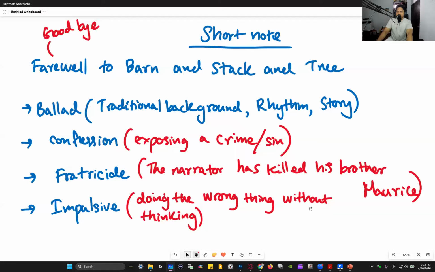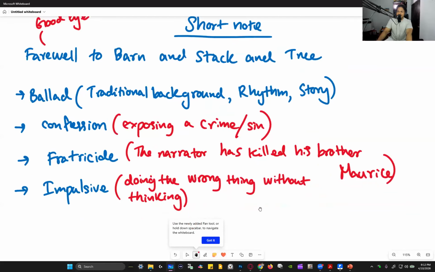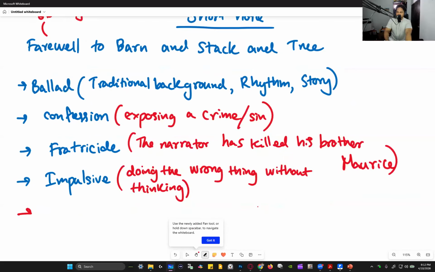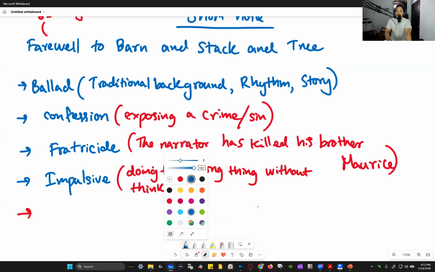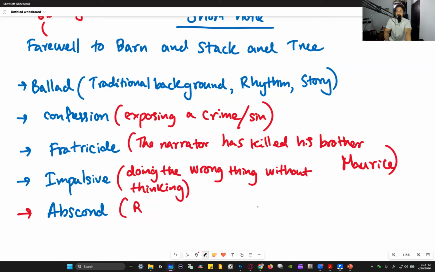So let's talk about the short note. The narrator is about to abscond. Abscond means running away after committing a crime. You can write this down if you like.